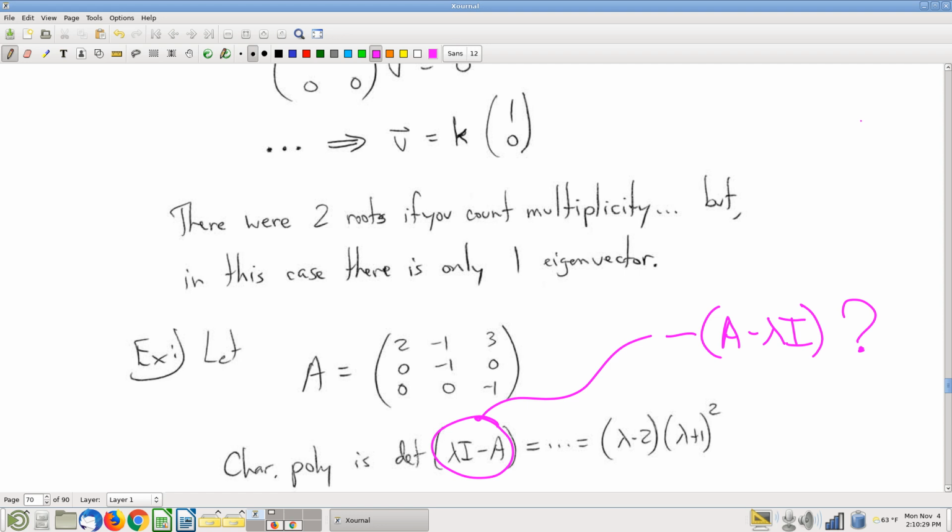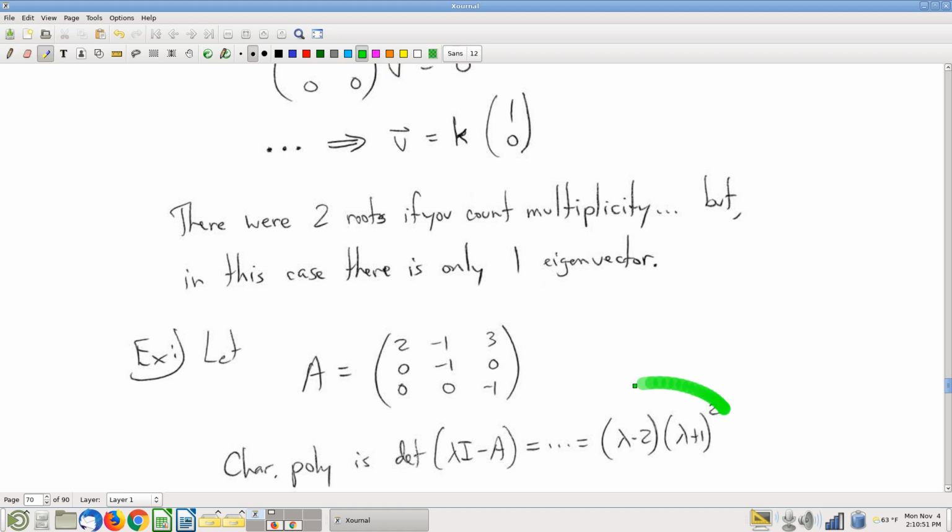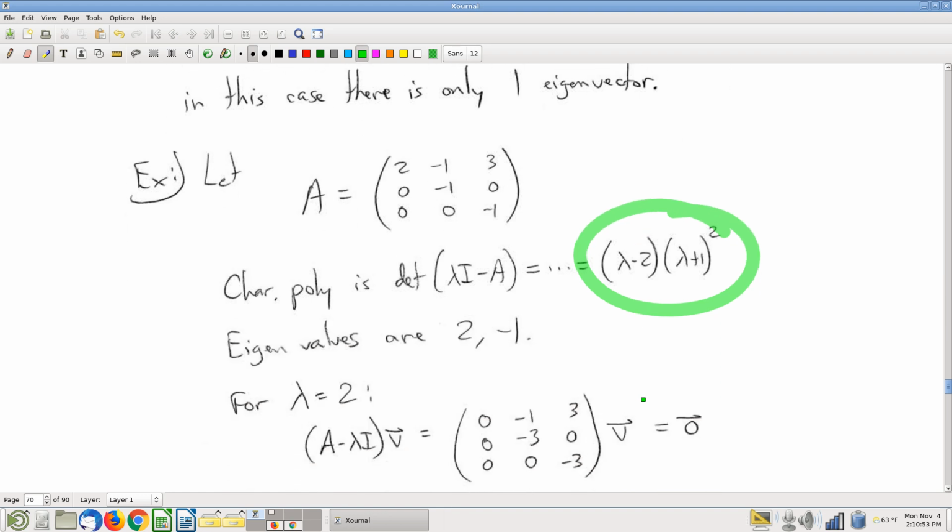That's kind of nice. A minus lambda I, if you were to take the determinant, the leading coefficient would be -1. And so anyway, it doesn't matter. Take your pick. It's up to you, your preference. But you'll see both in different circumstances. Okay. So either way, here's our characteristic polynomial, easy roots.